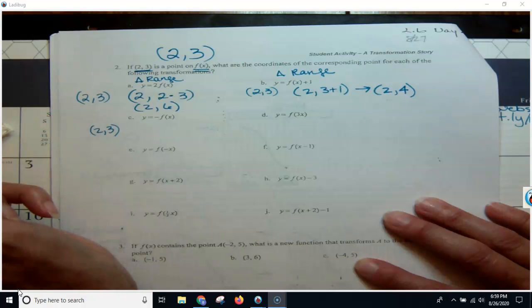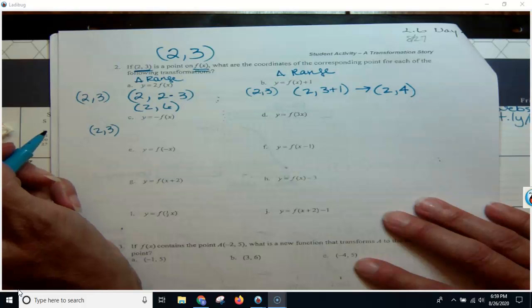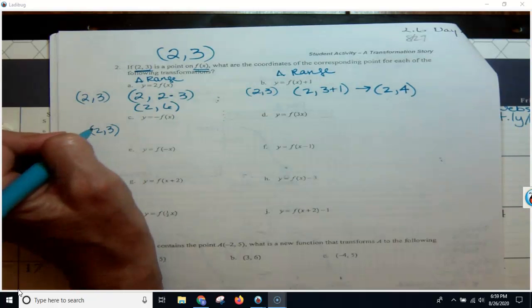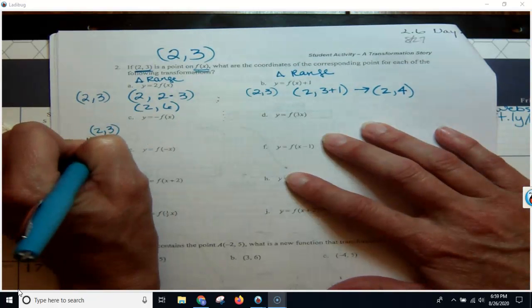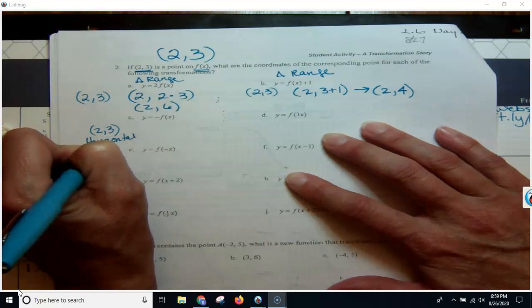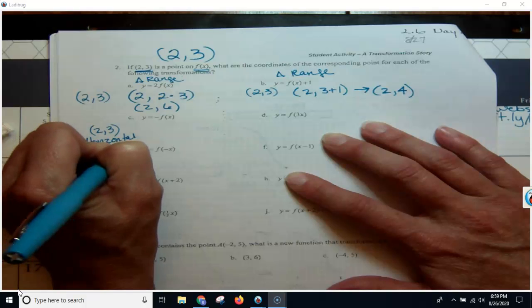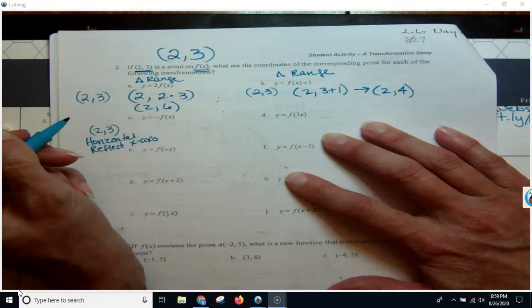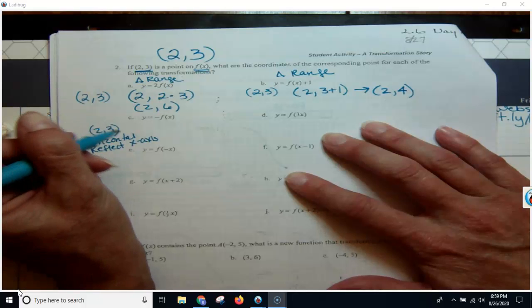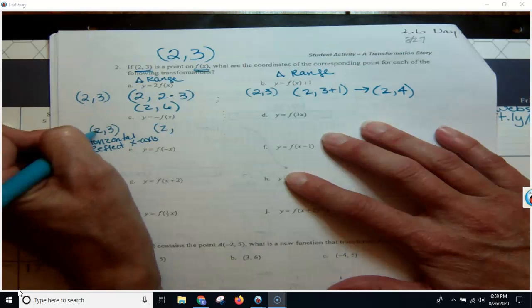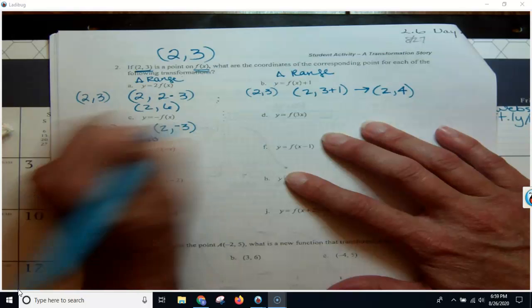And if you go back, in the last video, we talked about how when you have something like this, this is a horizontal reflection over the x-axis. And so you're going to basically have the domain stay the same, and it's going to be negative.